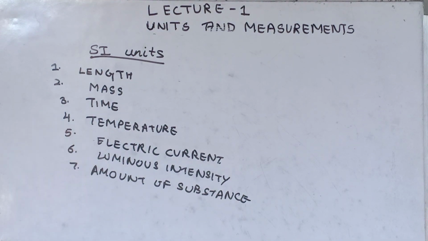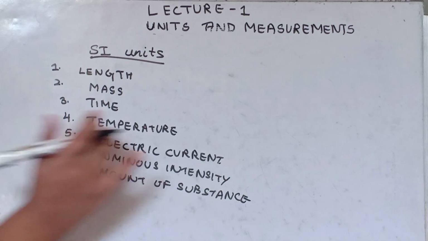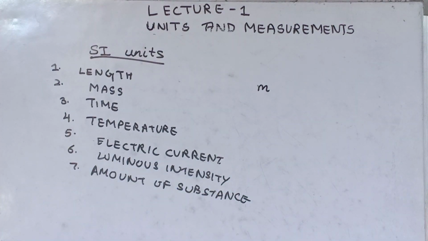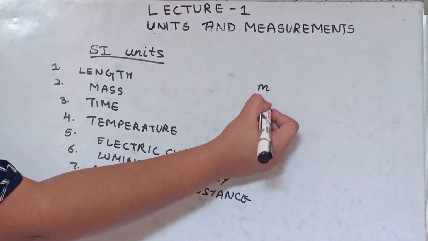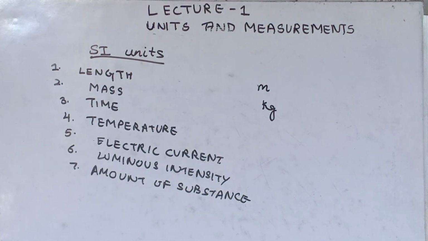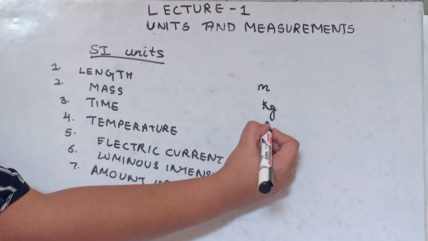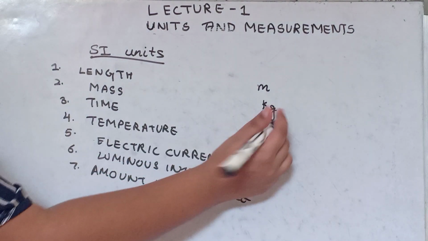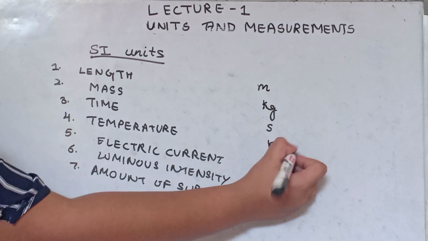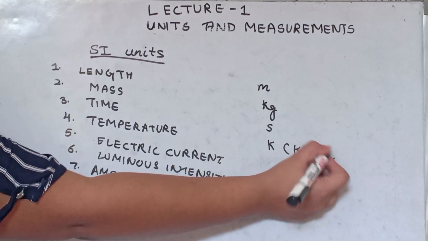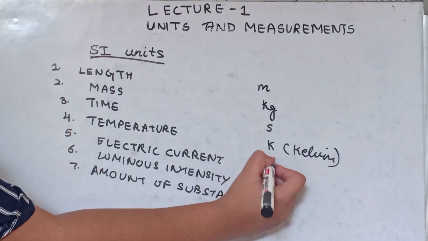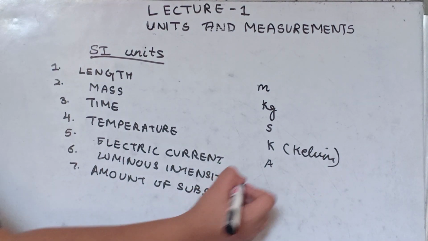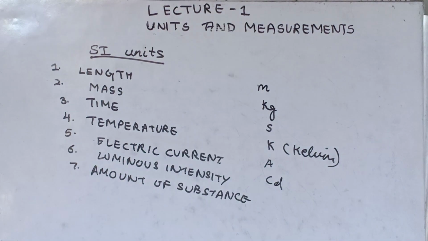For length it is meters, written as m. For mass it is kilograms, written as kg. For time it is seconds, written as s. For temperature it is Kelvin, written as K. For electric current, amperes, represented as A. Luminous intensity, candela, or cd.